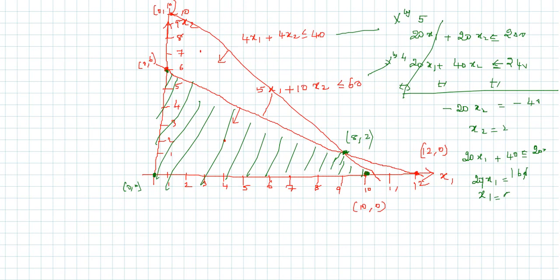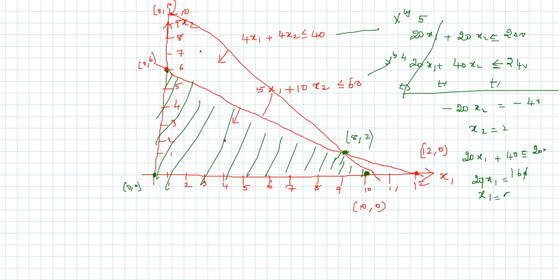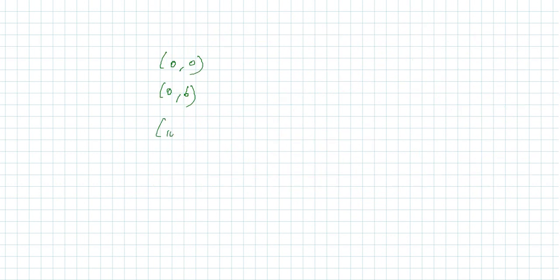The first point is 0 comma 0. Second point is 0 comma 6. And the third point is 10 comma 0, and the fourth is 8 comma 2. So now you have to apply that in z.